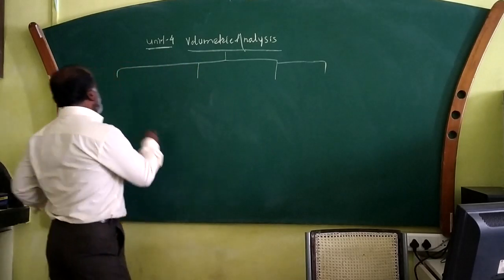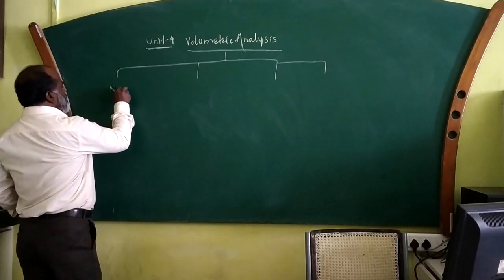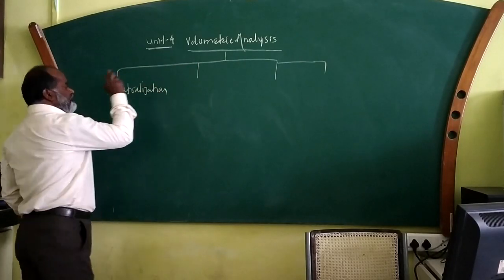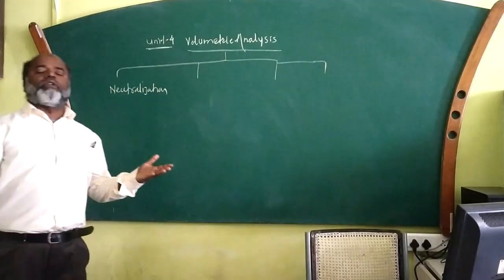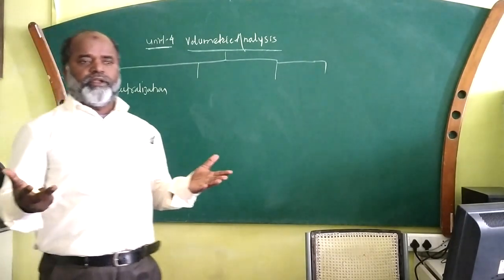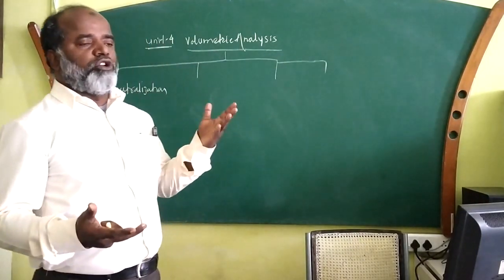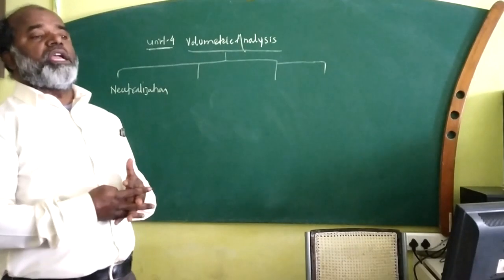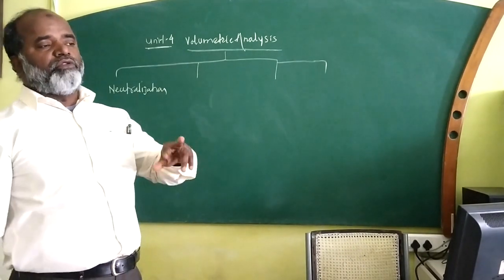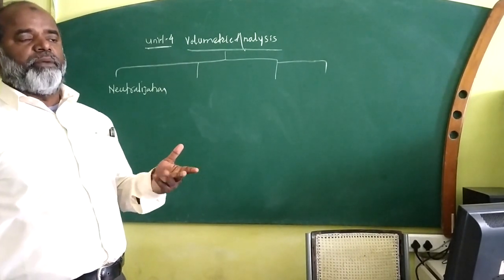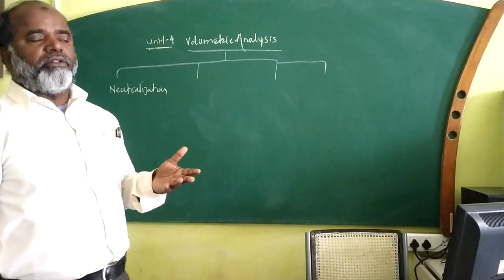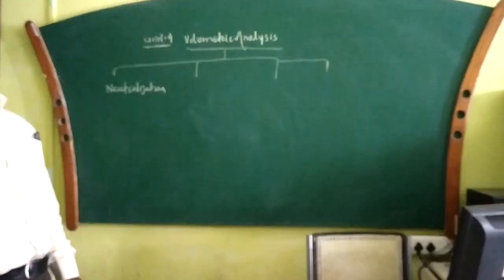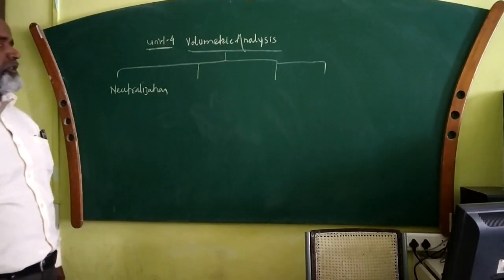The very first type of volumetric analysis is called neutralization titration, because a neutralization reaction takes place. When you add the solution from the burette into the solution in the conical flask, if there is a neutralization reaction taking place between titrant and titrand, then you can call that type of titration neutralization titration, or neutralization analysis.